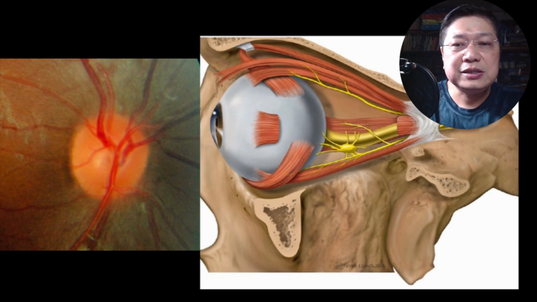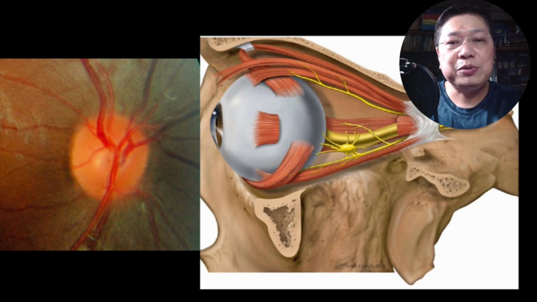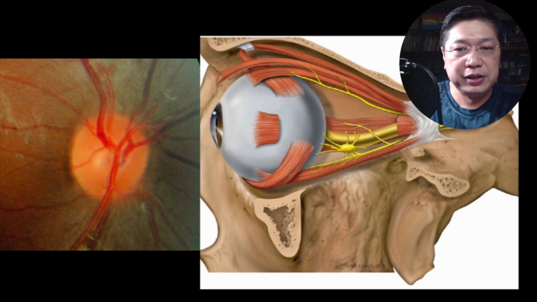Now, the one inside the muscle cone is not a very straight nerve because it's supposed to be able to move when your eyeball moves. So it can get hit in any of that area. If you have a fracture, then you can have a problem hitting the optic nerve there. Or if there's an intracranial problem, a tumor or an aneurysm, then you can have problems over there.